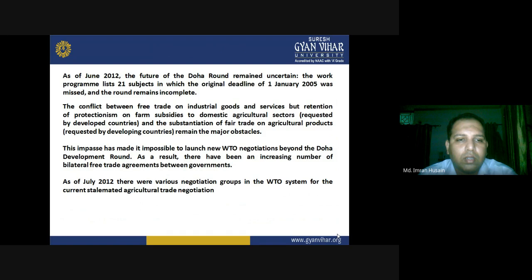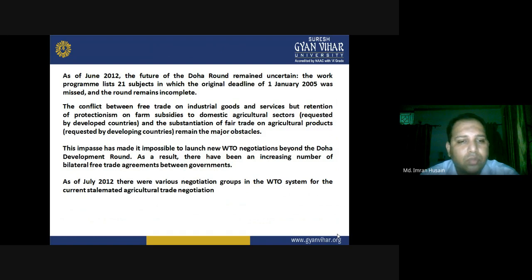The impasse has made it impossible to launch new WTO negotiations beyond the Doha Developmental Round. As a result, there may have been an increasing number of bilateral free trade agreements between governments.